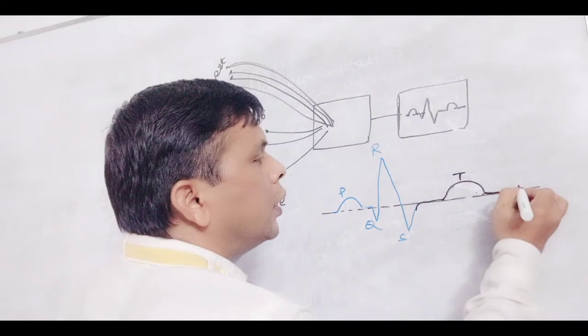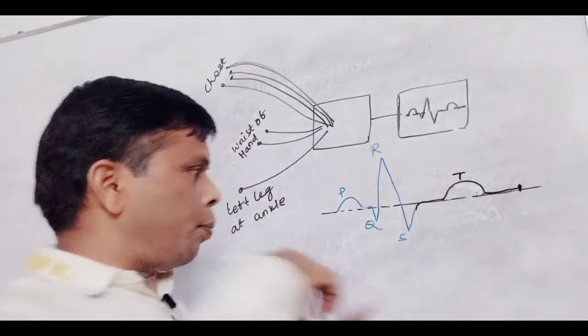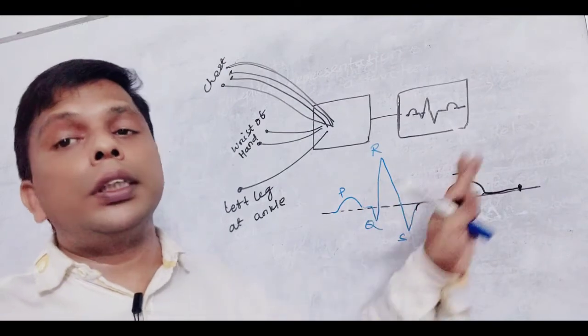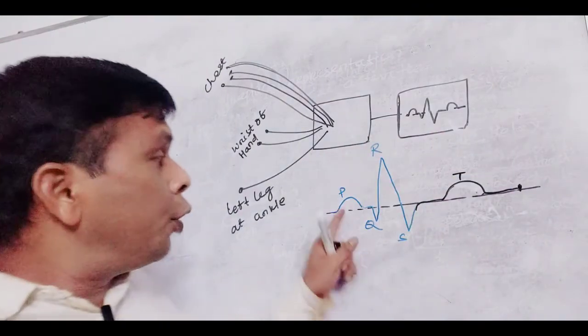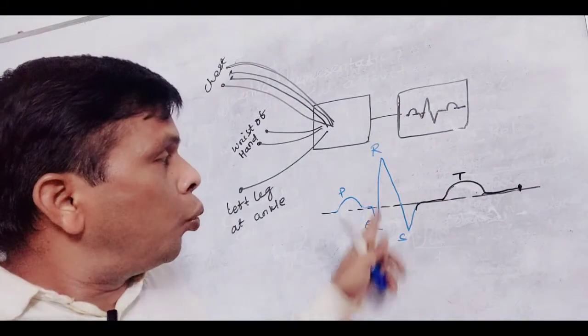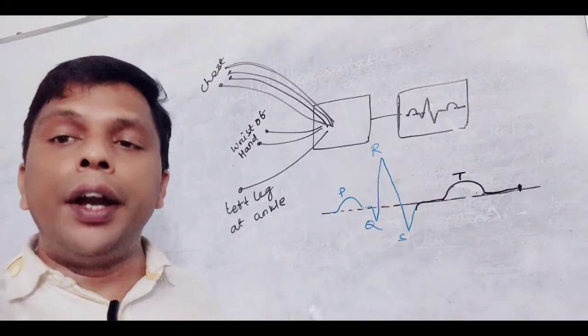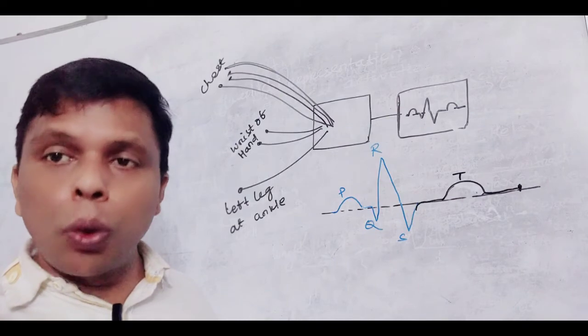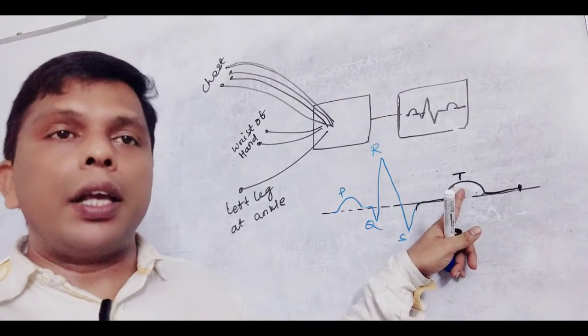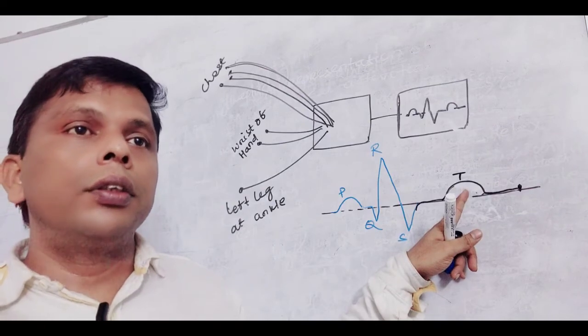Here this cycle ends. It is about 0.8 second. The P represents atrial systole, QRS ventricular systole, T is ventricular diastole, repolarization.